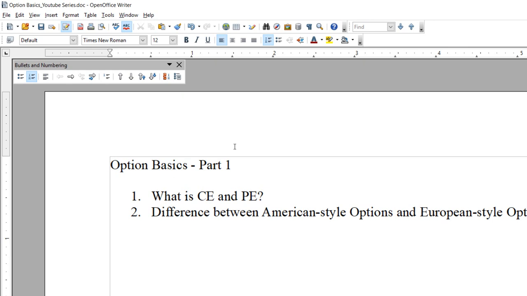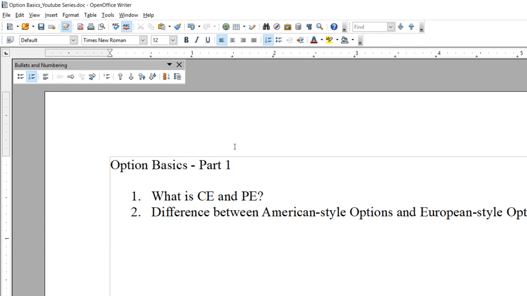So in European style options, it is exercised only on the day of expiry. That means if you are holding the call option on the day of expiry or after expiry, then you actually have the right to buy the equivalent amount of stocks for call, and for put again the same amount.